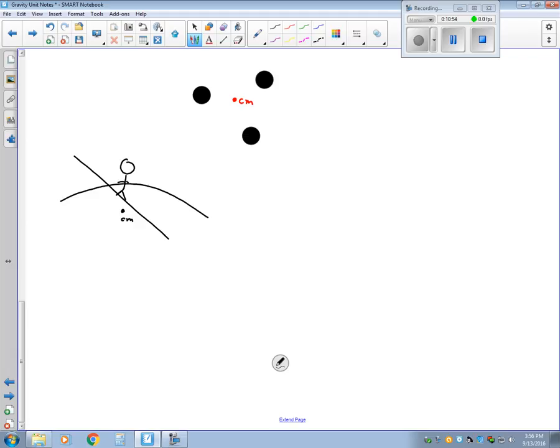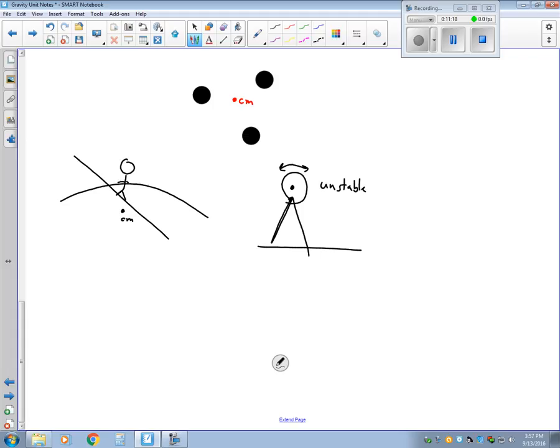You see, if your center of mass is above a pivot point, let's say like a ball resting on a triangle, it's very unstable because the center of mass is above the pivot point. It's just too easy to fall off.